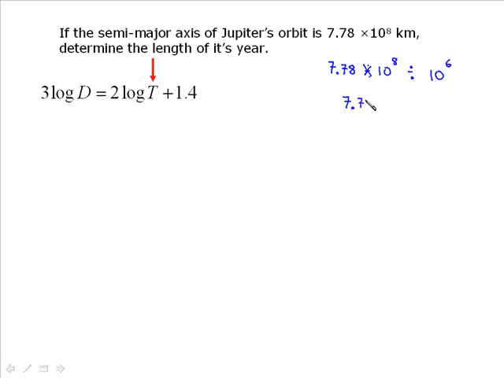But when we divide powers with the same base, we just subtract the exponents. So this becomes 8 minus 6, so it becomes 7.78 times 10 to the 2. This was not necessary, but it works. You can even go further by multiplying that 10 to the 2 in, and you'll get 778 is equal to d.